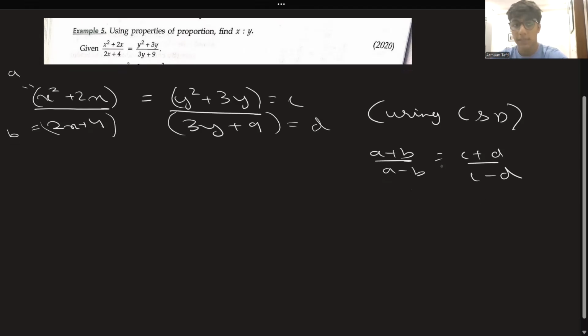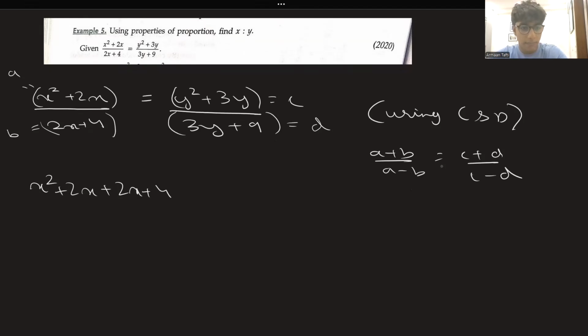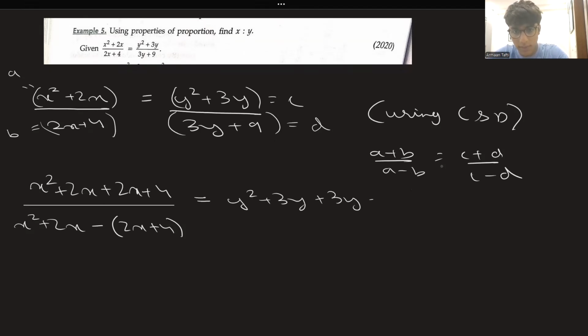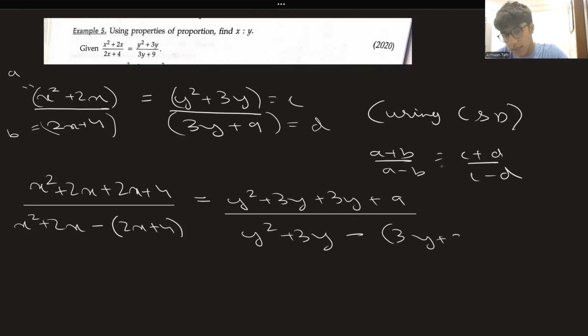Now that I've gotten this, let's simplify it. A plus B: x squared plus 2x plus 2x plus 4, by A minus B: x squared plus 2x minus 2x plus 4, equals y squared plus 3y plus 3y plus 9 divided by y squared plus 3y minus 3y plus 9.